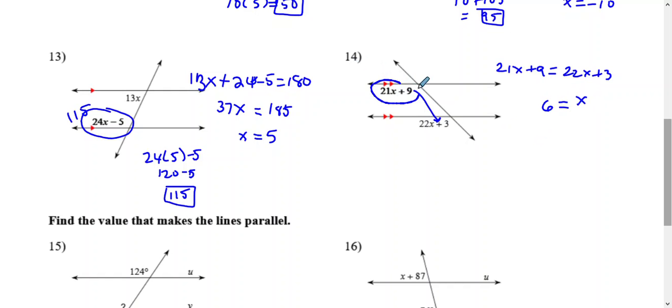We are interested in what 21x plus 9 is, though, so we'd have to do 21 times 6 plus 9, which would give us 126, which I wrote backwards. That is 126 plus 9, which is 135. So this angle here is 135.